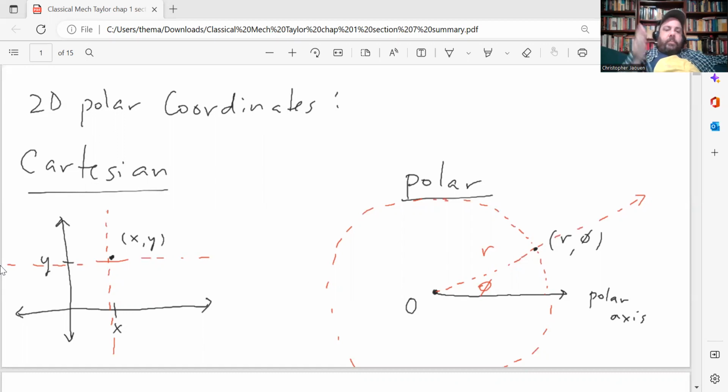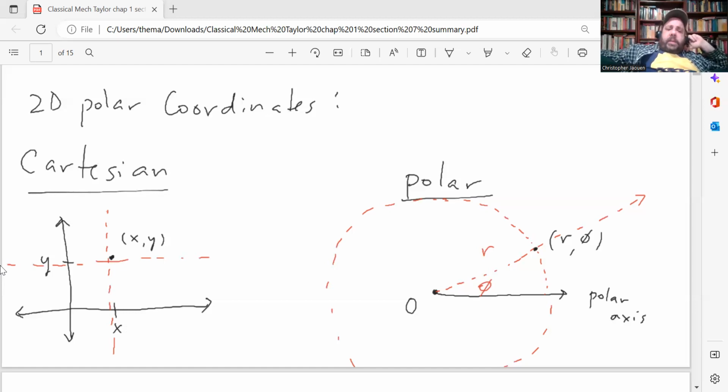And then we can pick out points by taking the intersection of a vertical line and a horizontal line, and the point on the horizontal axis and the vertical axis where those lines cross will be the coordinates for that point. We always list the x coordinate first and the y coordinate second. So if you've done any math, you recognize this. This is Cartesian or rectangular coordinates.